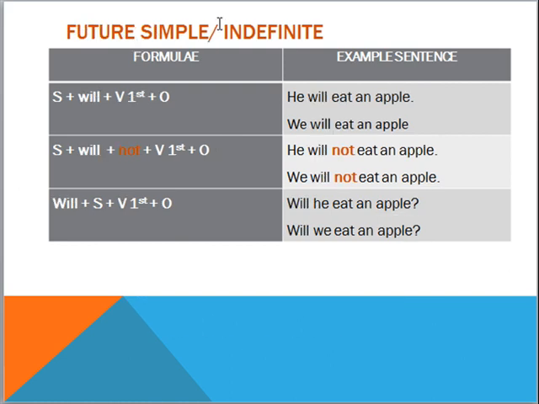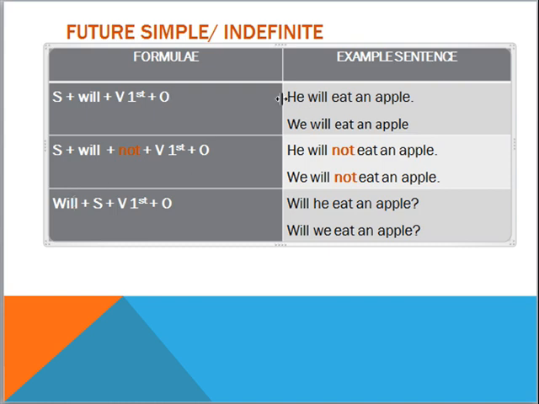Next comes future simple or indefinite. The formula is subject, then will, then verb's first form, and object. In negative, we put not after will, and in interrogative, we bring will to the beginning of the sentence.